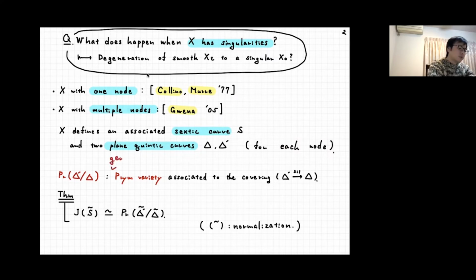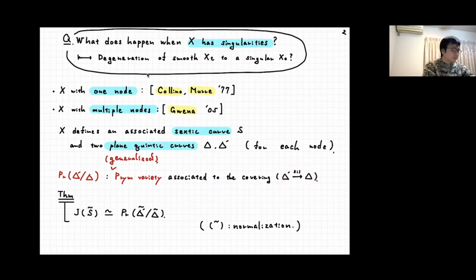Then we can consider a kind of generalized version, because there is a determinacy and indeterminacy problem I will introduce in my talk. So there is a generalized Prym variety even for such quintic curves delta bar and delta associated to the covering of these curves.